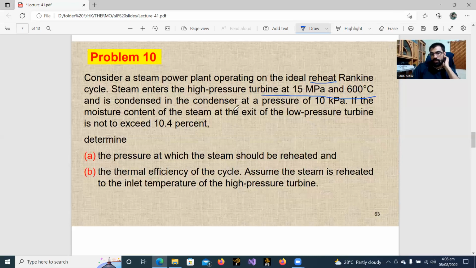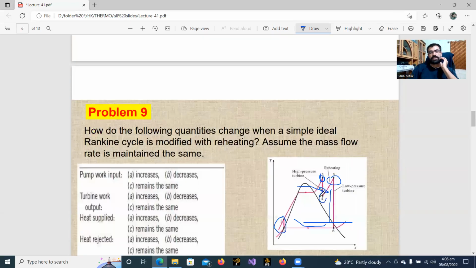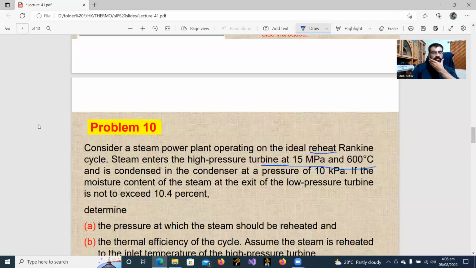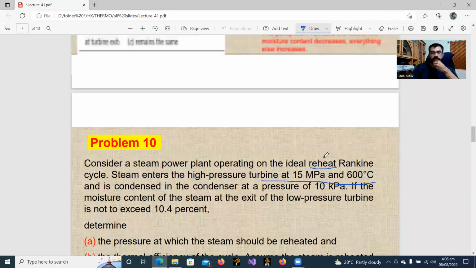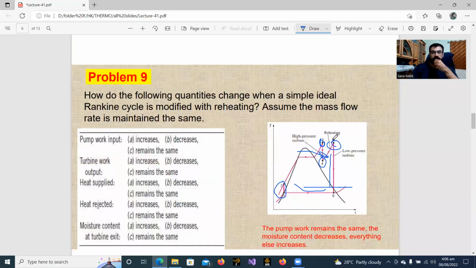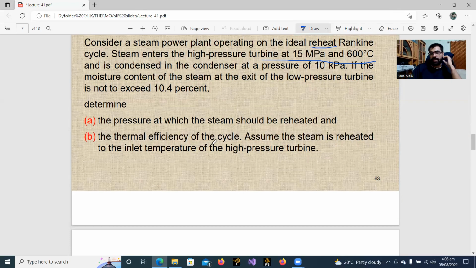If the moisture content of the steam at the exit of the low pressure turbine is given, so X4 is basically given. The pressure at which the steam should be reheated, T5, is asked, to which it will be reheated. Also find the thermal efficiency of the cycle. Assume steam is reheated to the inlet temperature of the high pressure turbine.